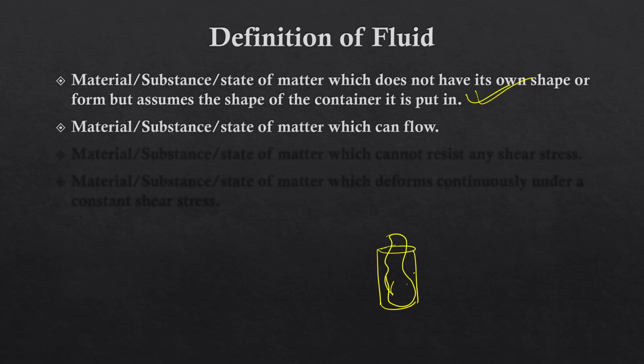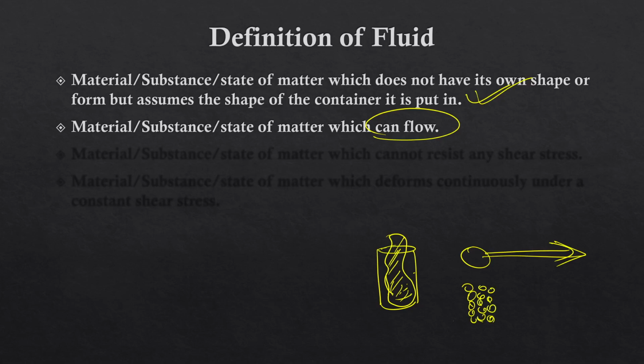Then a material which can flow, that is a good definition. However, for that we'll have to define what is flow. What kind of motion do we call flow? If a particle is moving, that cannot be said flow. It's just motion or velocity, translation and motion. However, if these different particles keep moving under a given shear stress, then it is called flow.